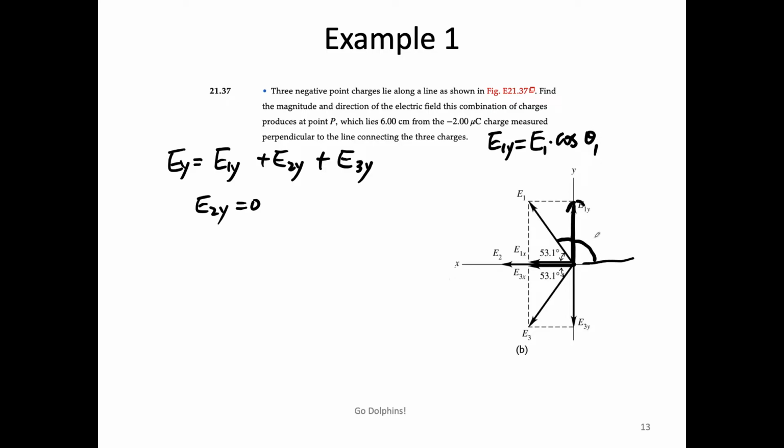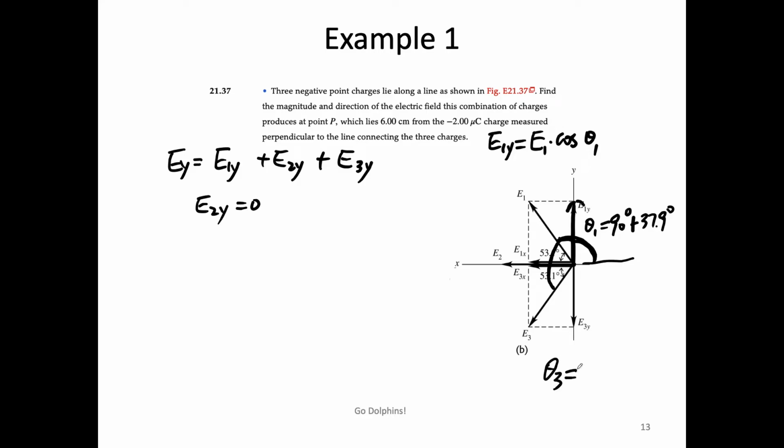I would think theta 1 equals 90 degrees plus this angle, which is, let's see, 37.9 degrees. So this is theta 1. And then theta 3 is measured from 0 degrees to E3.